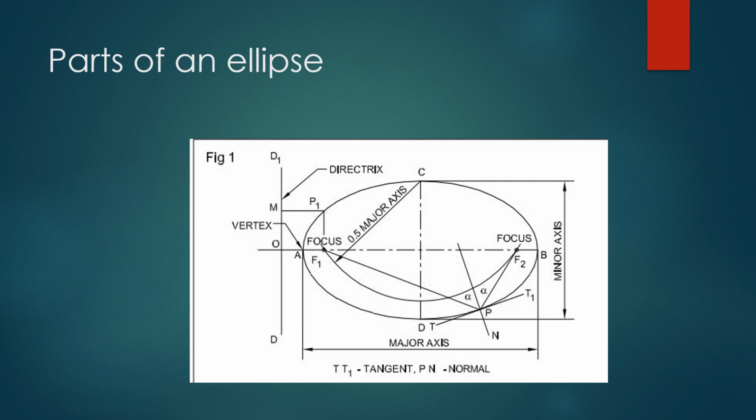Let's see what these parts really mean from our next slide.